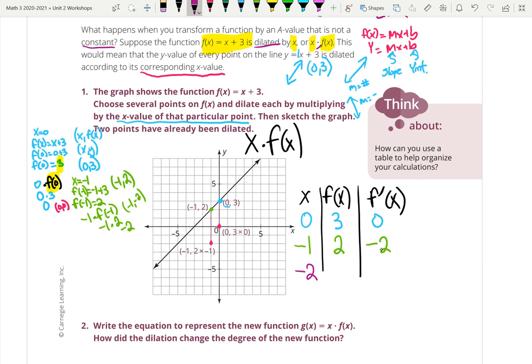Graphically, looking at my graph, I see that the y value of negative 2 is 1. Negative 2 times 1 is going to be negative 2. So this new point would be here.